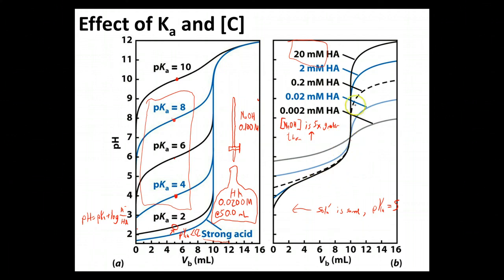Now notice, our, I don't want to say stronger, our more concentrated solution behaves just like we'd expect it to, and has a very nice sharp rise. But as we get more and more dilute, the rise gets a lot less clear. We have a bit more of a slope in that area. It's going to be harder to spot our exact equivalence volumes, especially when you put in experimental noise on top of this.